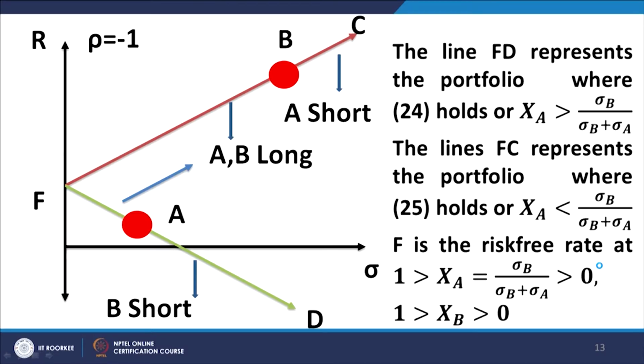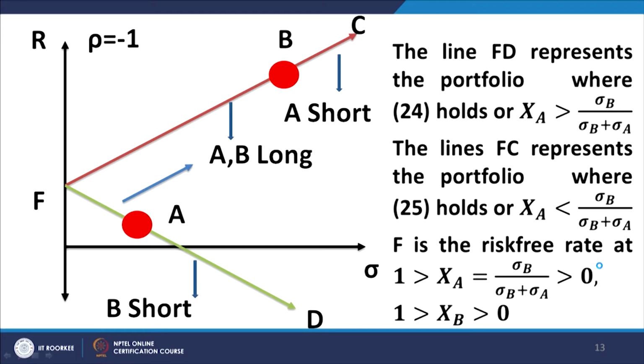The portfolio possibilities curve is represented by the pair of straight lines C f and F t, where the region B c represents the situation where A is short and B is long. The region B f A, or the portion of the two lines B f and A f, represents the region where both A and B are long, and then the region A d represents where A is long and B is short.